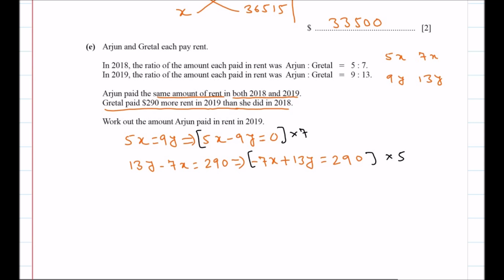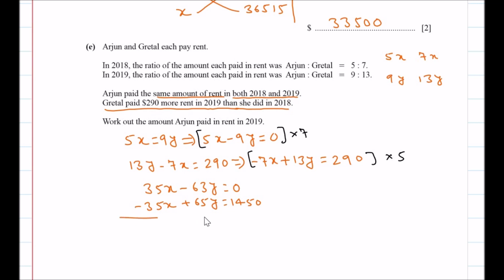When you multiply the first equation by 7, we get 7 times 5 is 35x minus 63y equal to 0, 7 into 0 is 0. Next, 5 into minus 7, so minus 35x plus 65y is equal to 290 into 5, which is 1450.